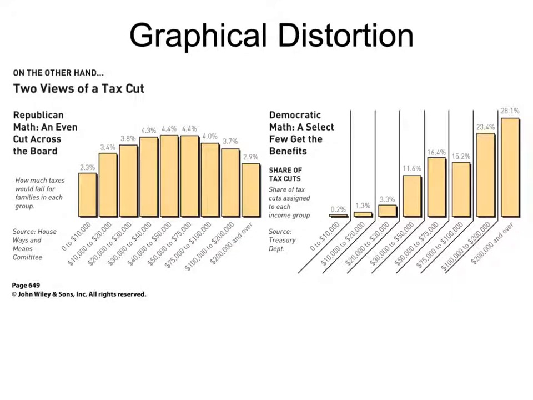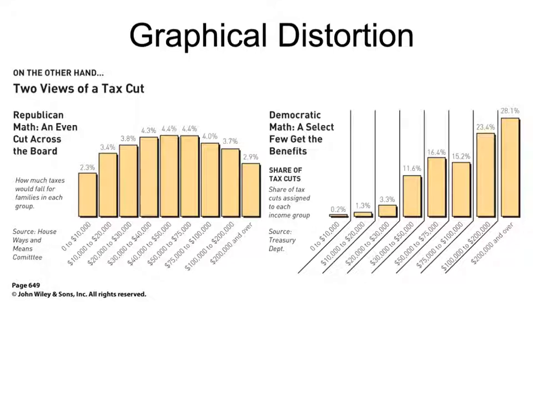Here the Democrats are reporting the share of the tax cuts. In other words, we're seeing that 28% of the tax cuts are going to people who are making $200,000 or more. 23% of the tax cuts are being enjoyed by people who are making $100,000 to $200,000. Where here, it's still showing taxes are going to fall for each and every group, and that's the percent by which their taxes are going to fall.